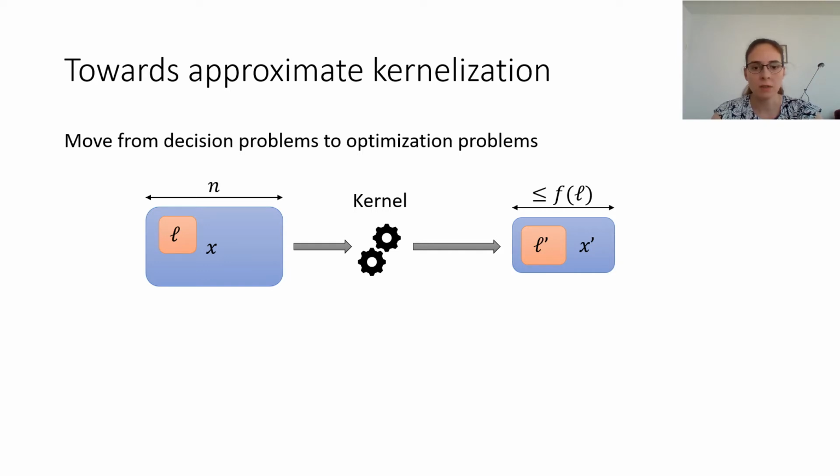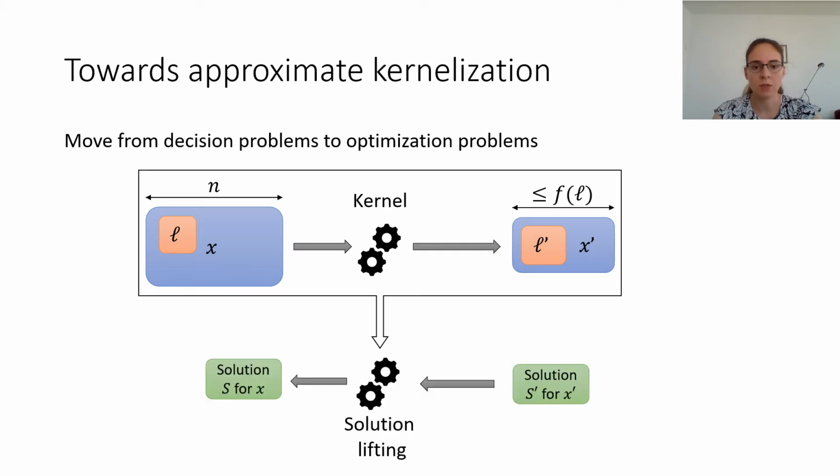But the question is how to define when the preprocessed instance is equivalent to the original instance. And to do this, a kernel must always come together with a solution lifting algorithm. This is another polynomial time algorithm, and what it does is it's given the original and the preprocessed instance and a solution for the preprocessed instance, and then it can lift this solution back to a solution of the original instance.